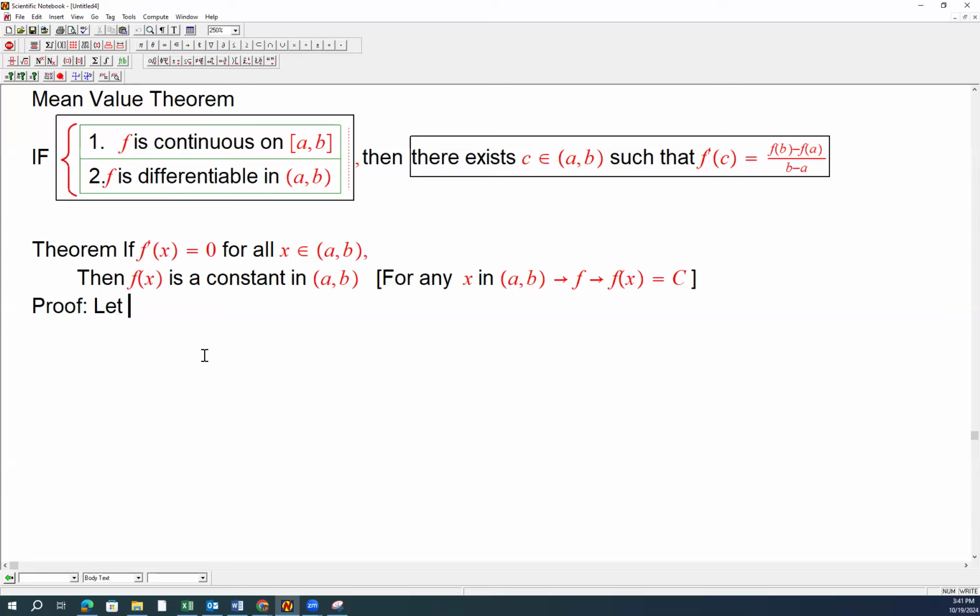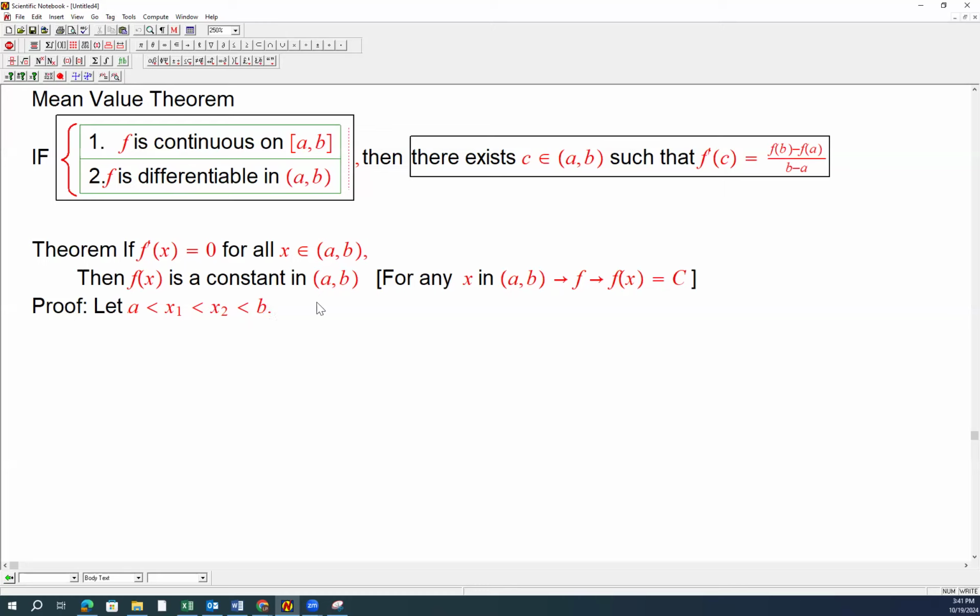So we're going to say let x sub 1 be less than x sub 2, and they are in this interval. x1 is larger than a and x2 is smaller than b. So x1, x2 are any two numbers in the interval, arbitrarily chosen.